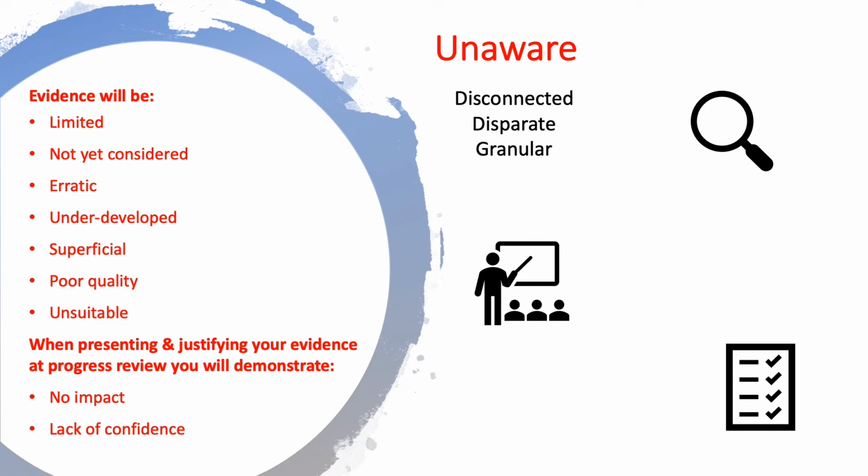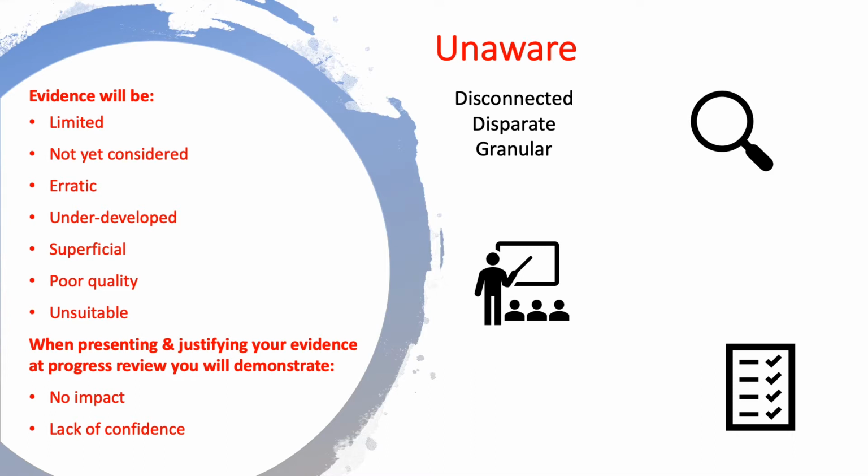So you've got a long list there, but we've just pulled out some of the ones that might be important in relation to evidence. So evidence at the unaware stage might be limited, perhaps not yet considered, erratic, underdeveloped, superficial, poor quality, and unsuitable.